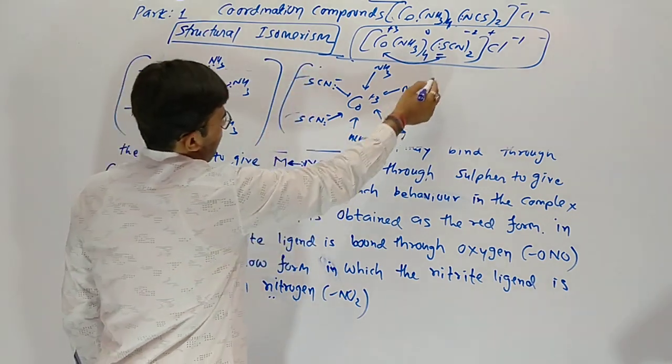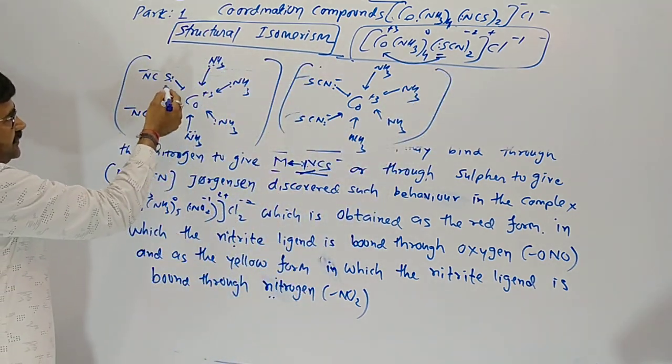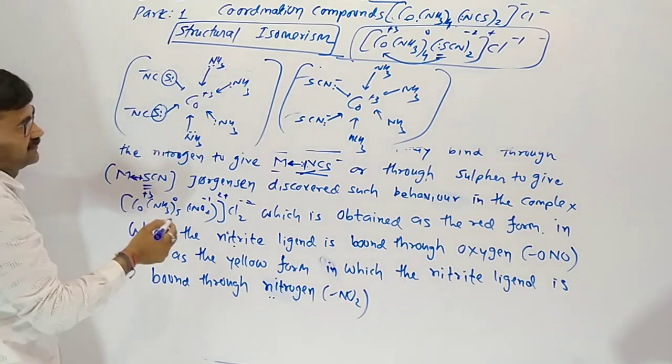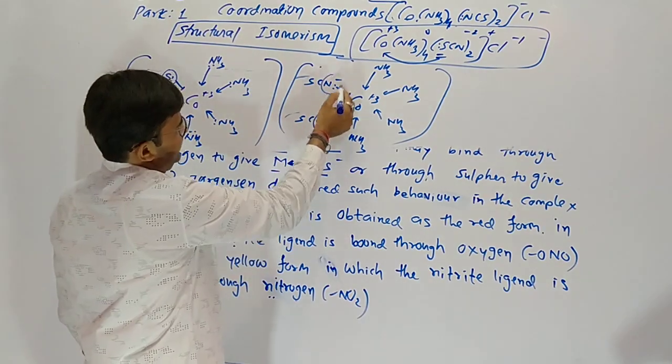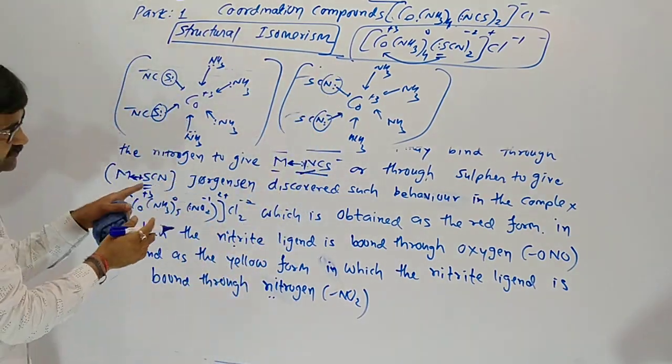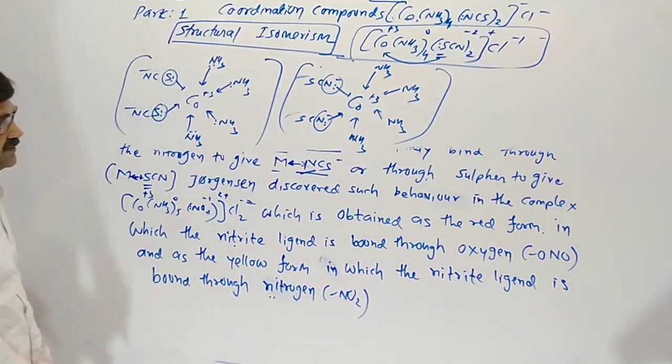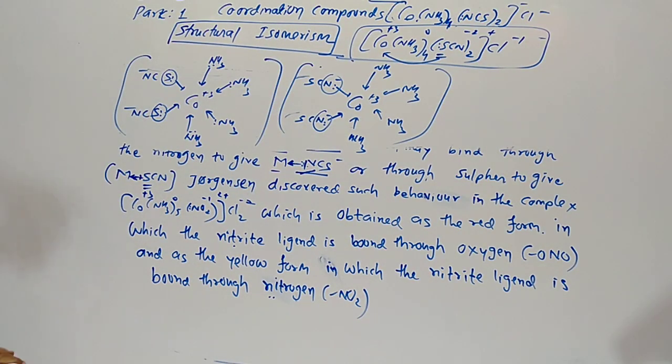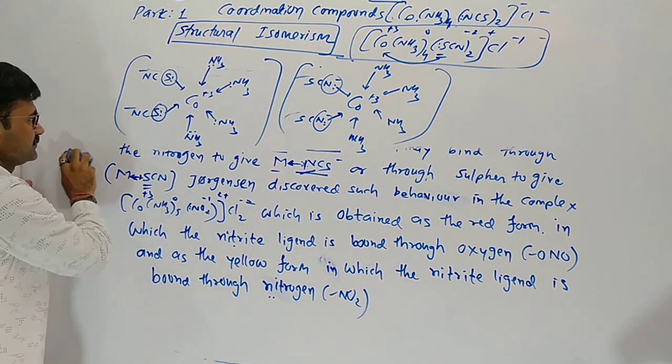So this is called a coordinate covalent bond, by sulfur in one ligand and by nitrogen in the same ligand. So these two structures are called linkage isomerism.